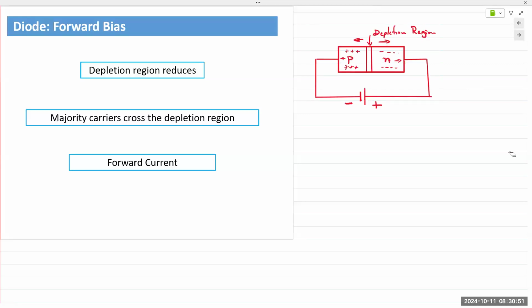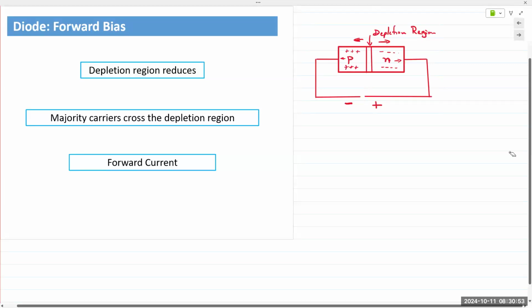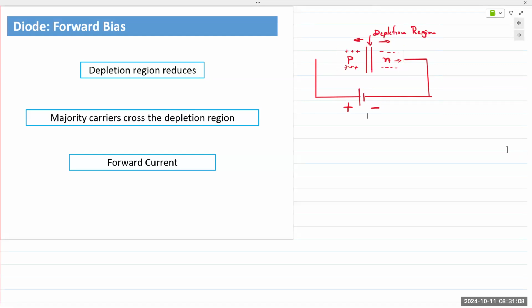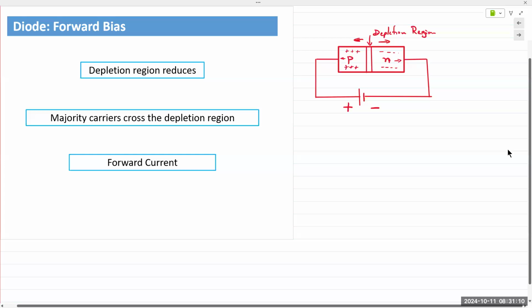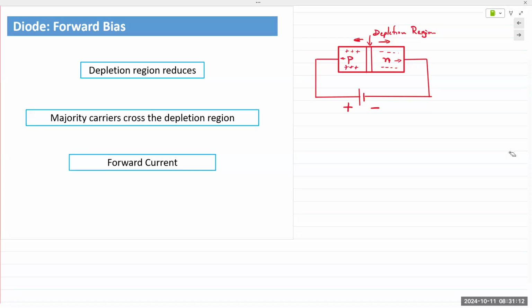The only thing you change is this. Now we are going to apply a positive voltage to the p-type material and a negative voltage to the n-type material. And the exact opposite thing will happen.